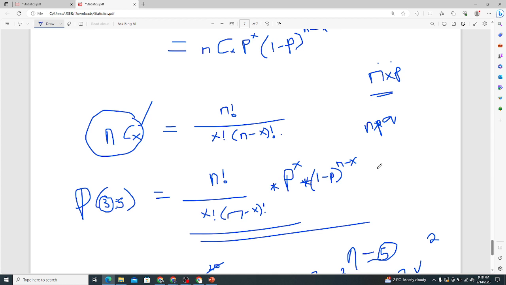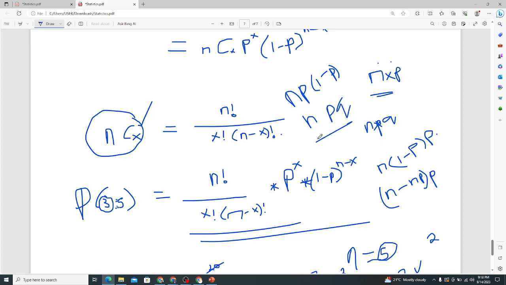So we say n multiplied by 1 minus p, multiplied by p. In this case we can say it is n minus np, multiplied by p. So basically it's like we are saying np multiplied by 1 minus p, or npq.